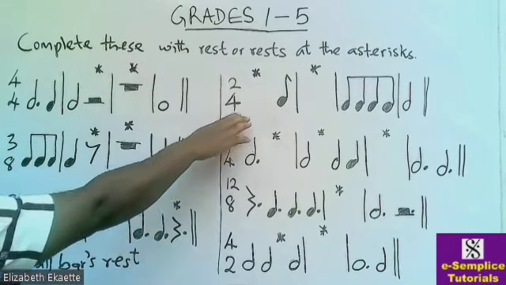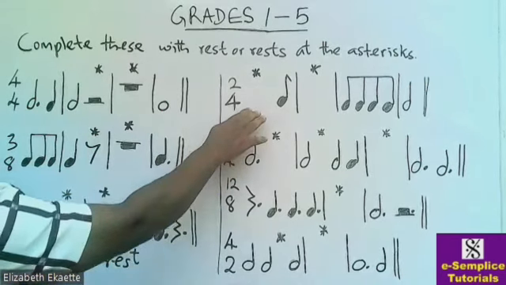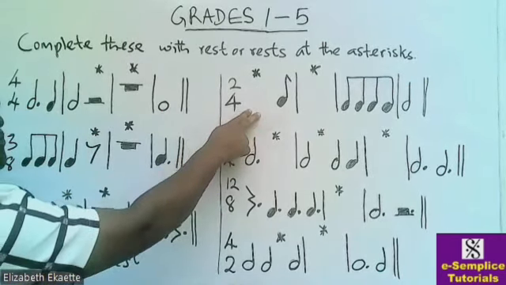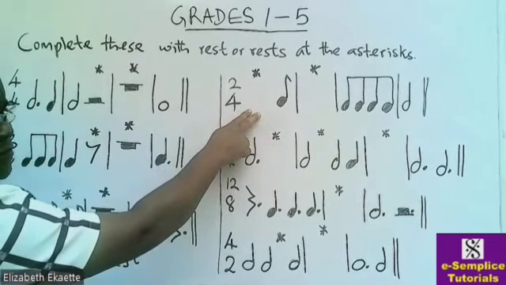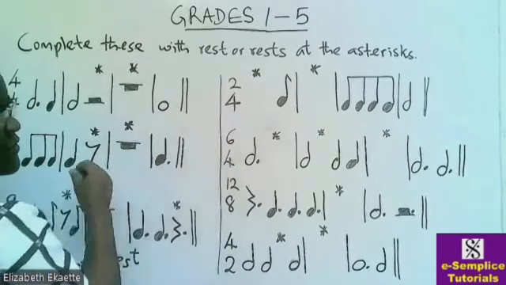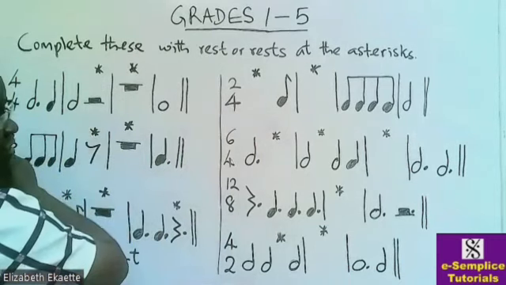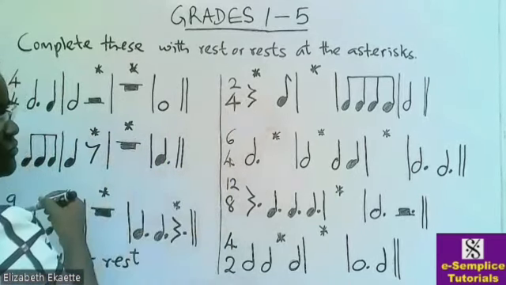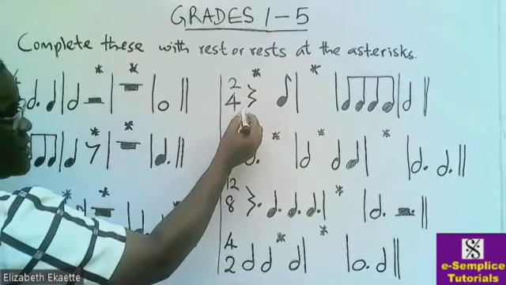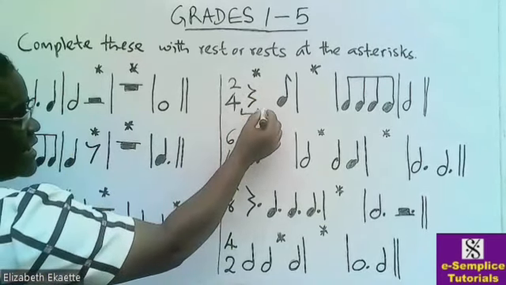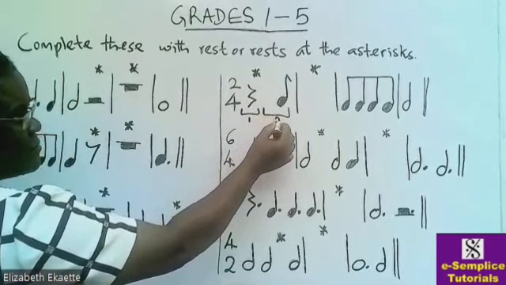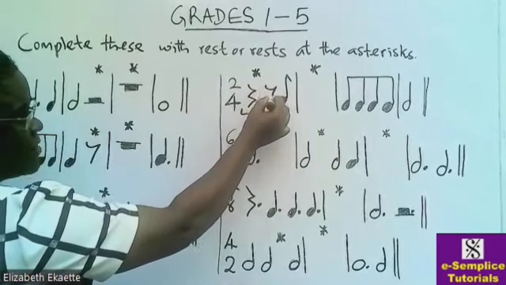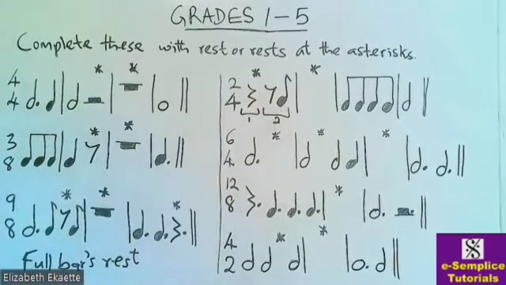In 2/4 here, the first bar is not balanced. Here, we are definitely going to have more than one rest filling that asterisk. I can't see my first beat, so what I'll do first is to show my first beat with a rest, which can only be a crochet rest. And if this is my beat 1, then I need something to balance my beat 2. The only rest that can balance my beat 2 is a quaver rest.